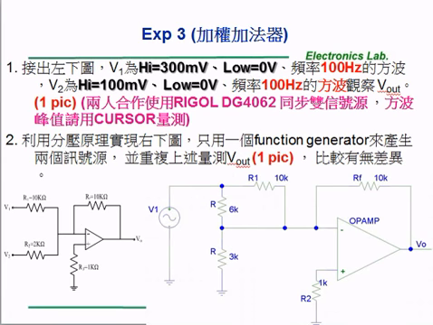The first one is to use the Regal function generator and provide two signals. For the details of the operations, please refer to the other video we filmed specifically on this topic.